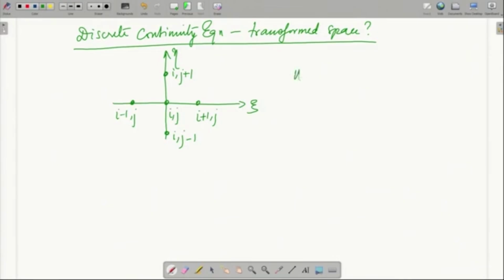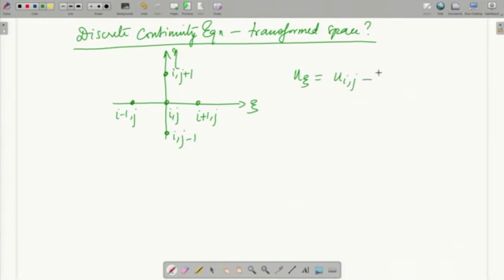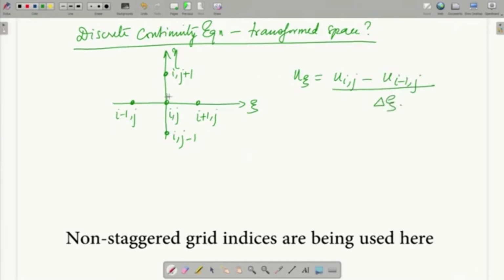Now, u xi, remember you are handling velocities. So, you have to be careful. If you are using a staggered mesh, you are doing it at the point I j, means you are imagining that there is a scalar control volume here surrounding that point, and the u I j is here while v I j is here.